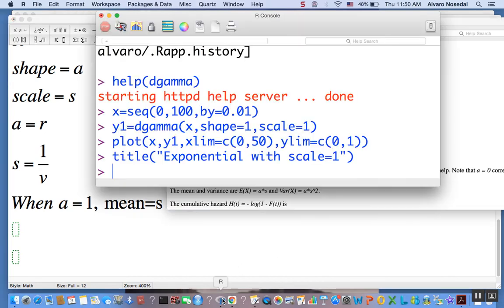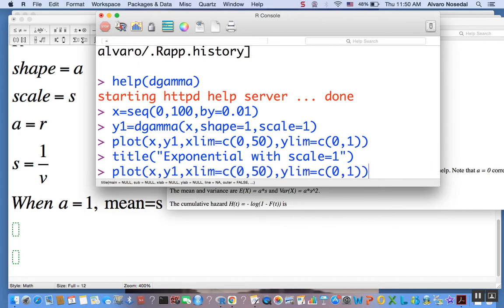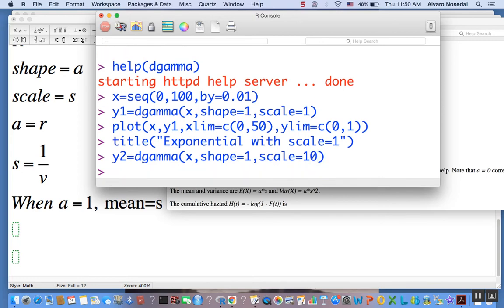Let's see what happens when we do that. Let me create another one and call it y2. As I said, we're going to be increasing the value of the parameter s.